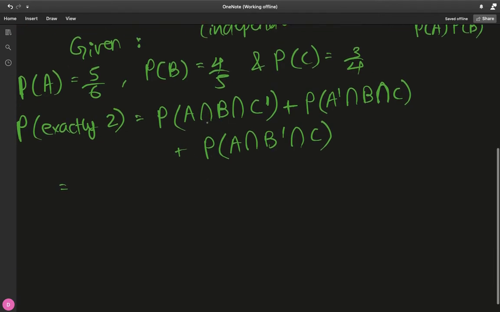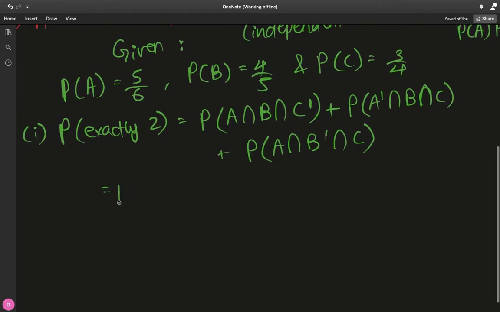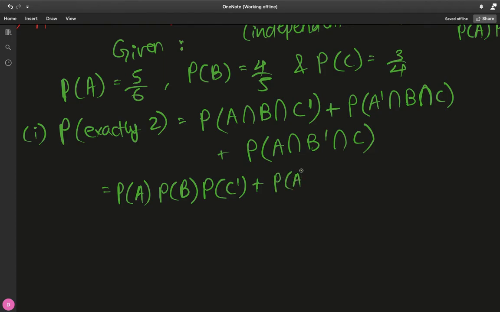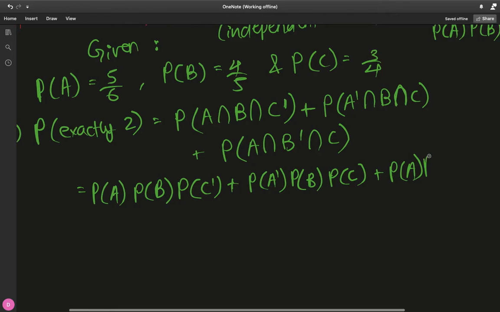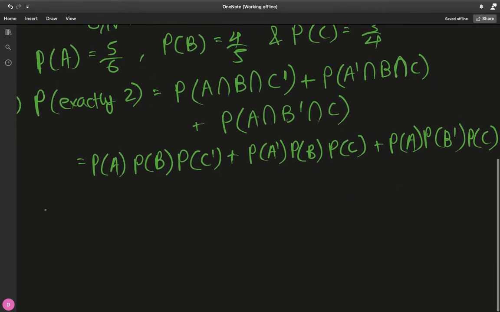So the probability of A intersection B intersection C complement will be probability of A, probability of B times probability of C complement, plus probability of A complement, probability of B, probability of C, plus probability of A, probability of B complement, probability of C. So just substitute stuff in.